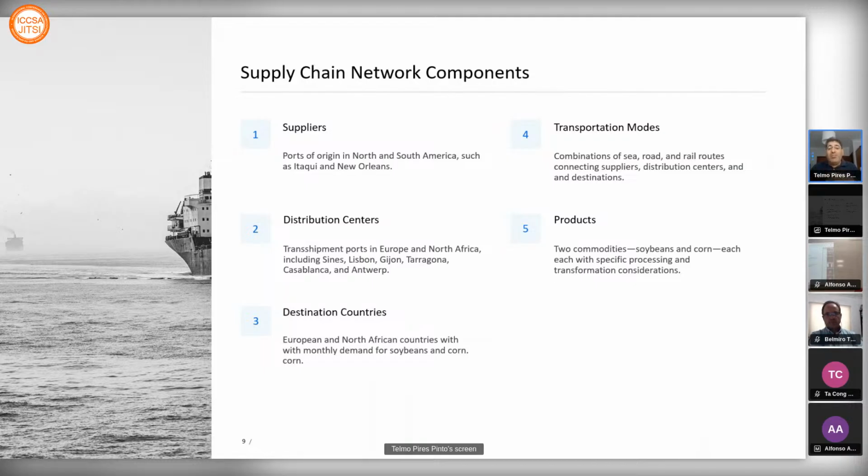And finally, the products we focus on are the two main commodities, soybeans and corn, each requiring specific processing and transformation steps to meet the market needs.